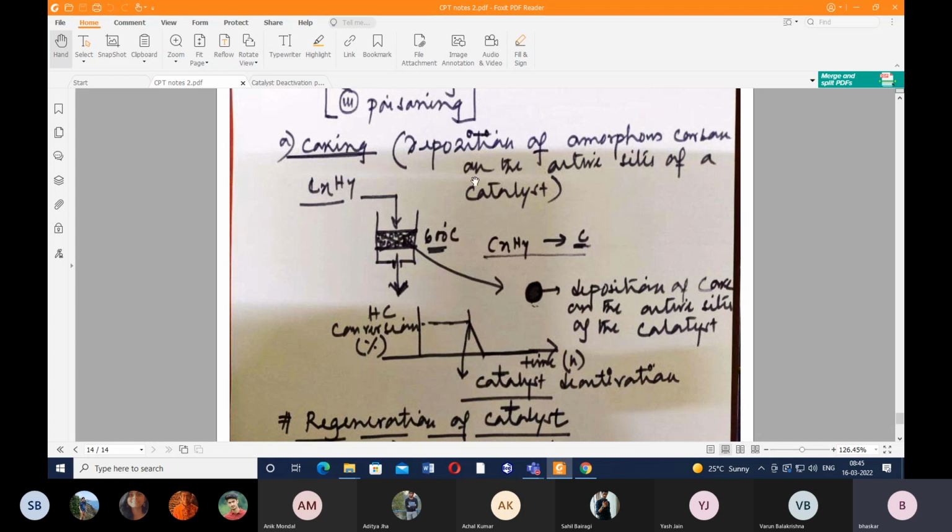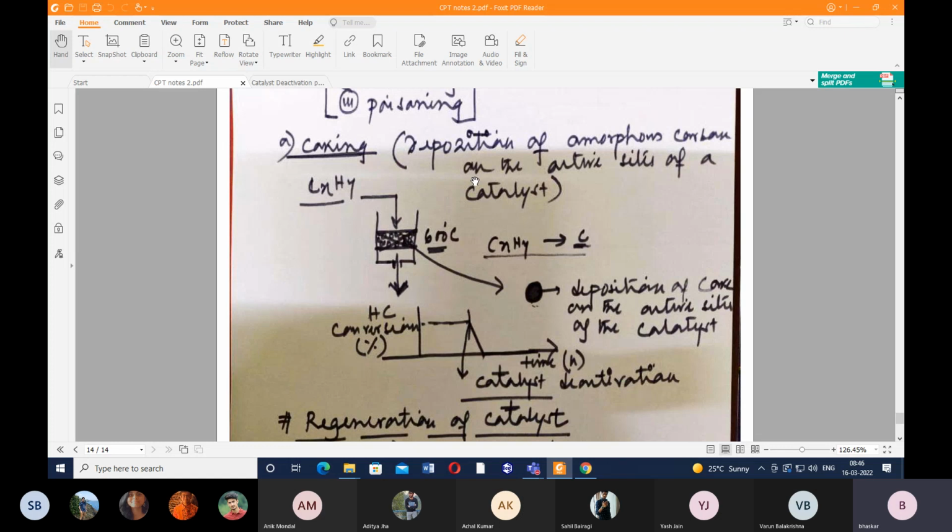Coking effect means we are handling one hydrocarbon feedstock. We are allowing the hydrocarbon feedstock to come in contact with a fixed bed made up of catalyst, and we are allowing the reaction to be conducted at a temperature of around 600 degrees Celsius. At 600 degrees Celsius, over the catalyst active surface sites, CxHy decomposes to form carbon plus hydrogen.